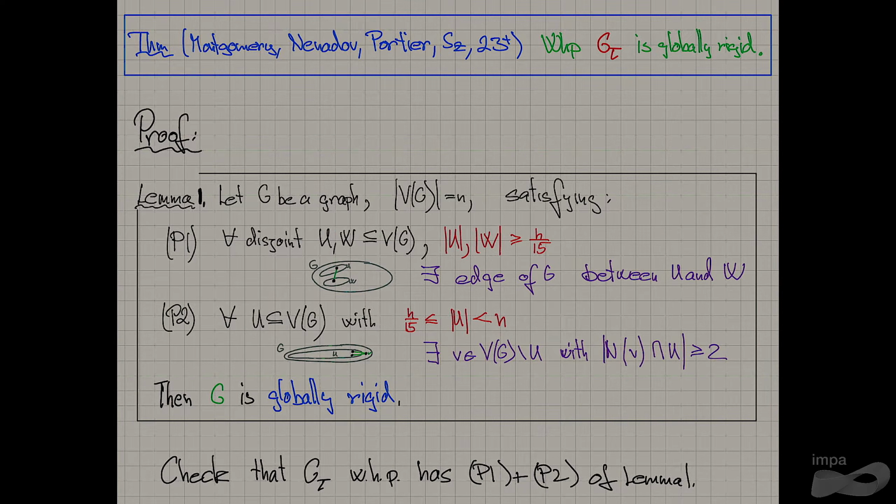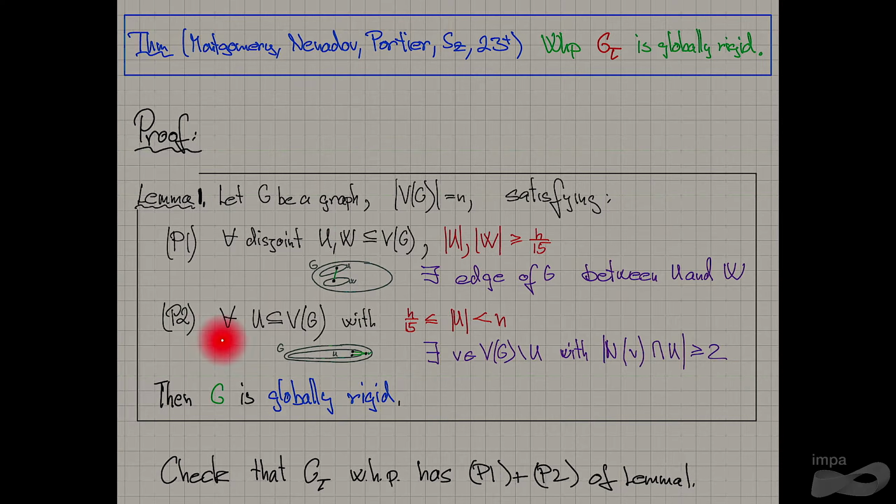The bulk of the proof is this lemma, and this is a deterministic lemma, which is very usual when you prove a theorem about random graphs: you find some deterministic properties which imply the property you want to derive for the random graph, and then you show separately that these properties hold for the random graph of your interest with high probability. So this is what we do here.